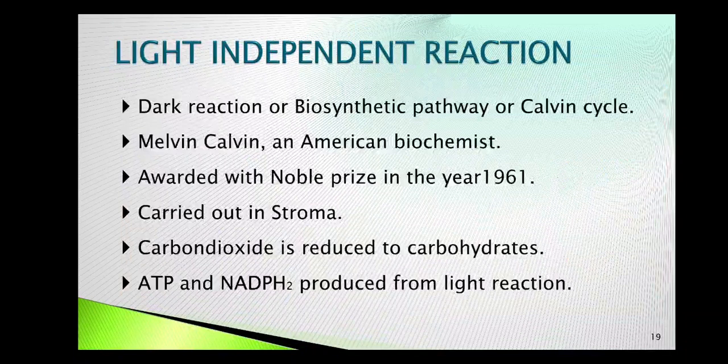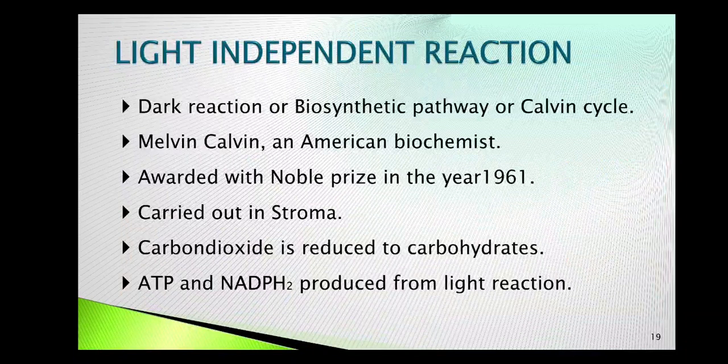This light independent reaction takes place in the stroma. The energized electrons from the light dependent reaction provide the energy to form carbohydrate from carbon dioxide molecules. Since it takes place in the absence of light, it is called the light independent reaction.